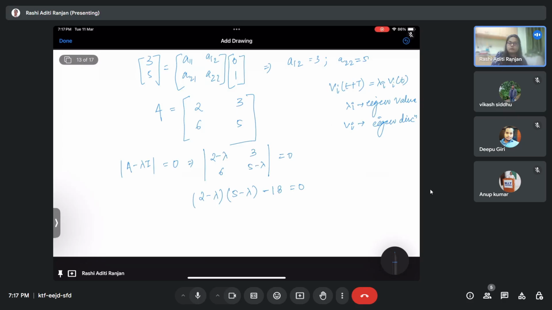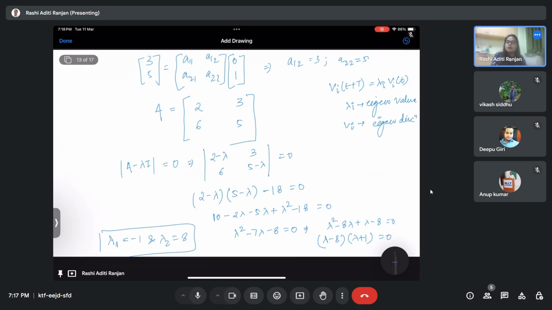So we'll have 10 ... we can write it as lambda minus 8 into lambda plus 1 equals 0. So we have two values of lambda: lambda 1 is equal to minus 1 and lambda 2 is equal to 8.